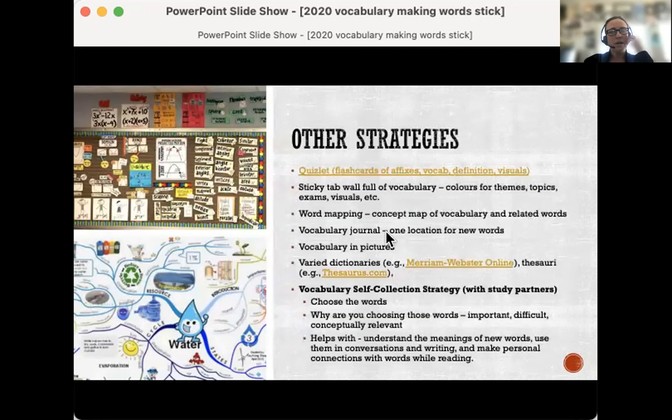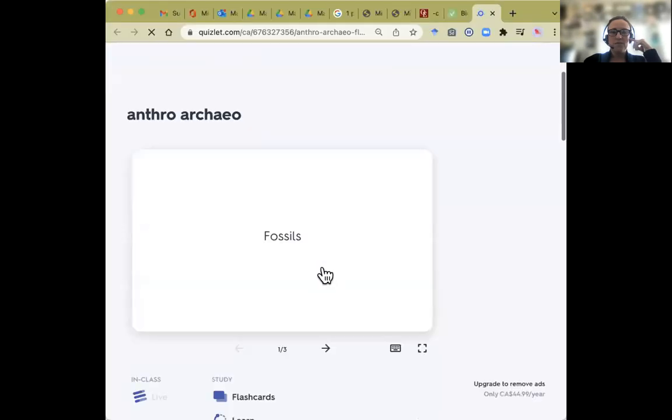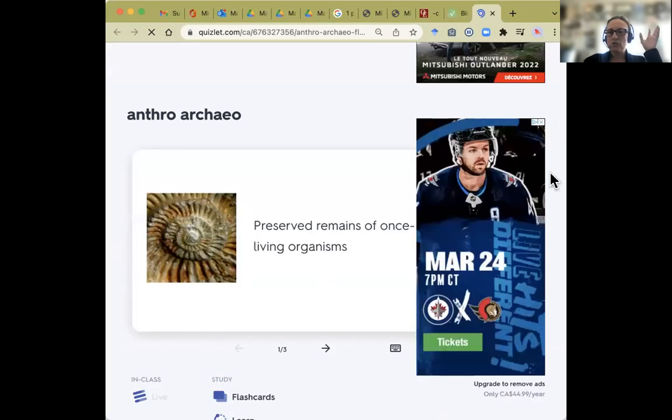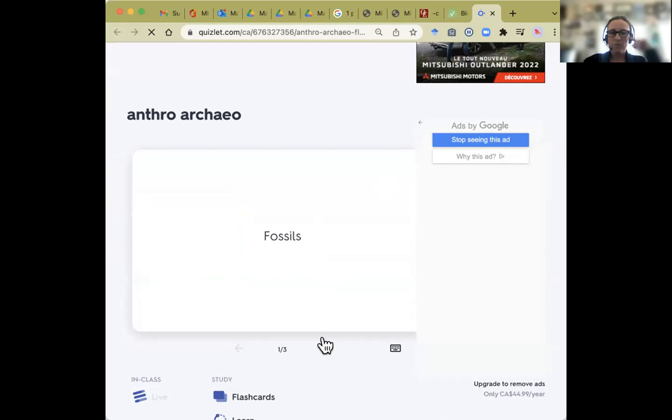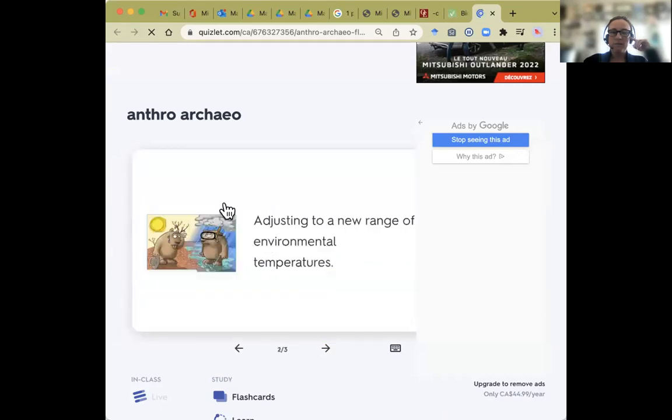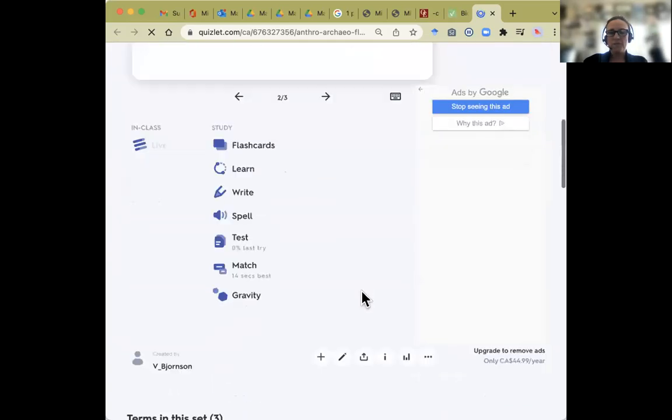Other strategies, Quizlet is obviously one that you can go to. I'll quickly go there just to show you. I'm not going to go into teaching the program here, but it is free, and you can quickly make vocabulary words and then put in visuals that they have ready to go, and it's super easy to do.